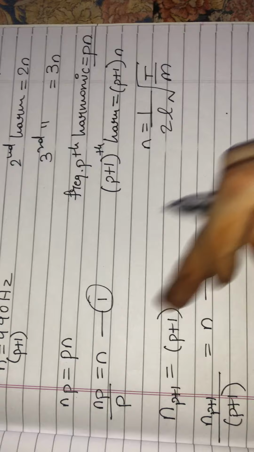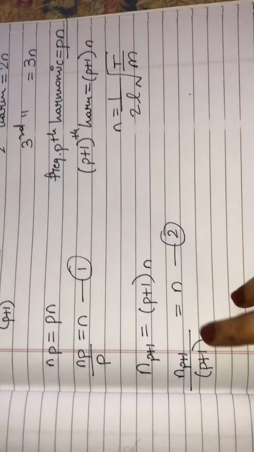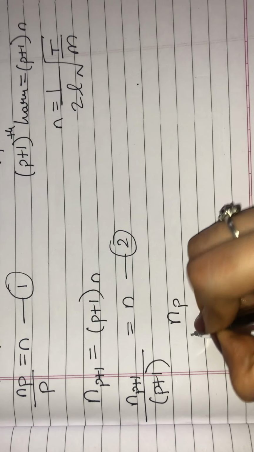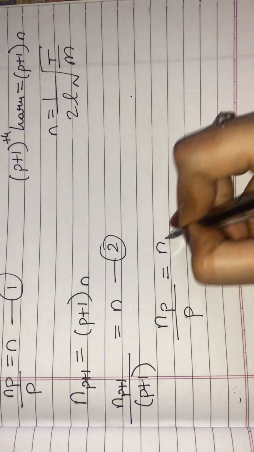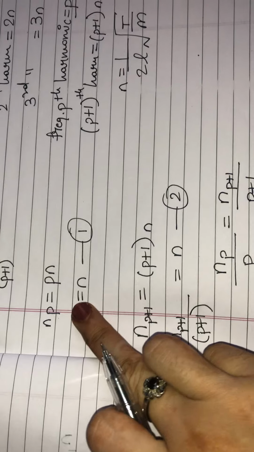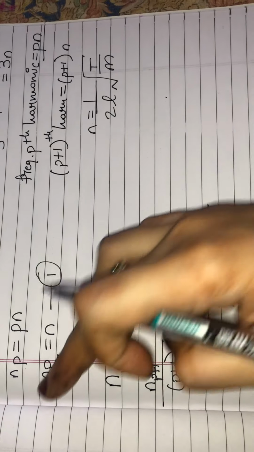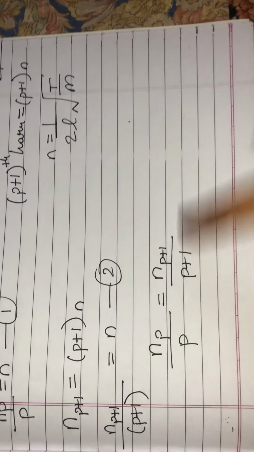From 1 and 2, the right hand sides are equal, so the left hand sides are also equal. That is, frequency of the pth harmonic upon p equals frequency of the p plus 1 harmonic upon p plus 1.